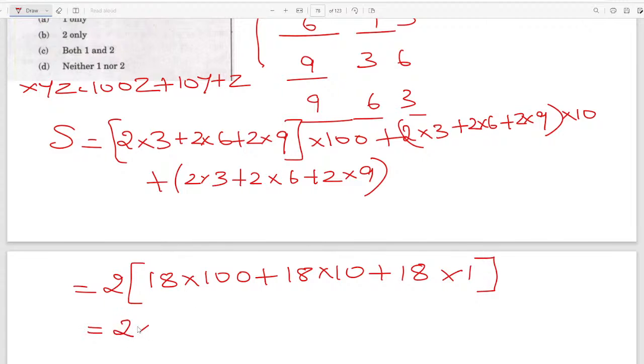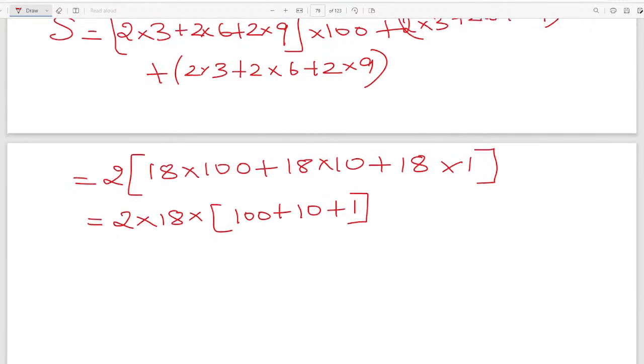I have taken 2 into 18 common. This is 100 plus 10 plus 1. And then this will be 2 into 18 into 111.